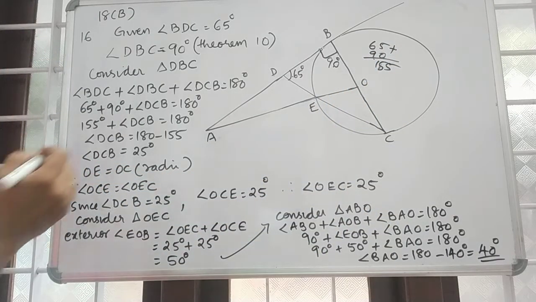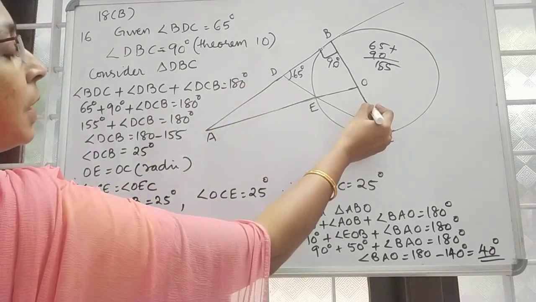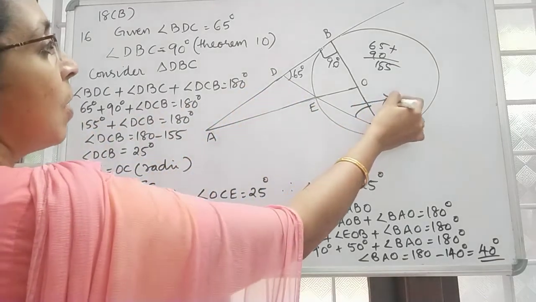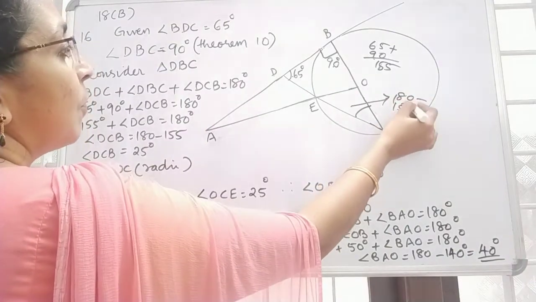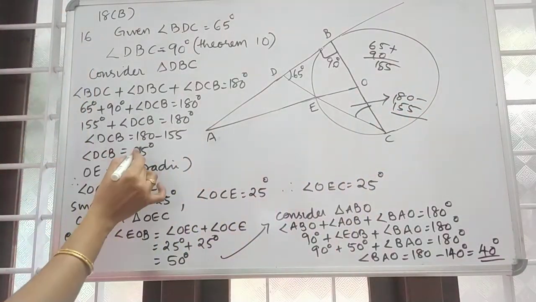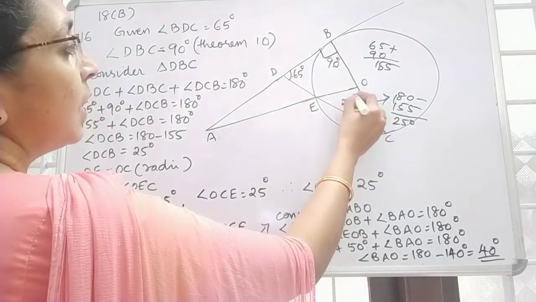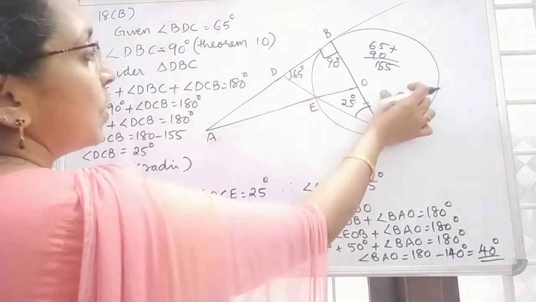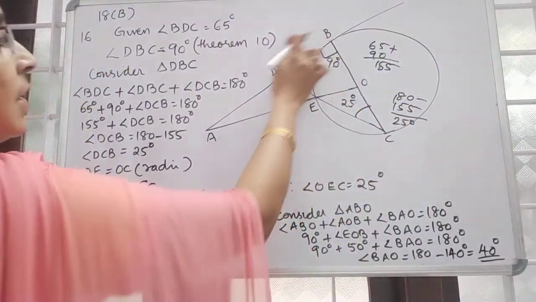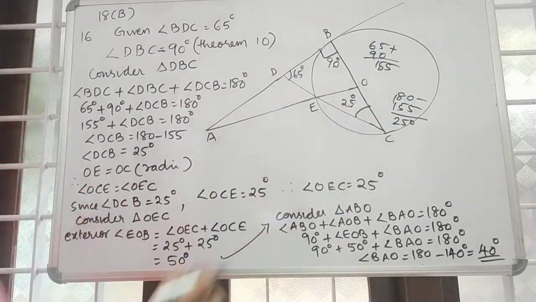So DCB will be 180 minus 155, which is equal to 25 degrees. So we got this DCB as 25 degrees.